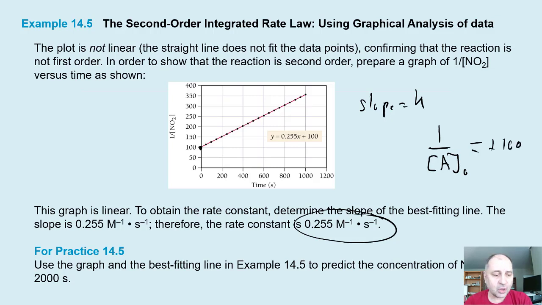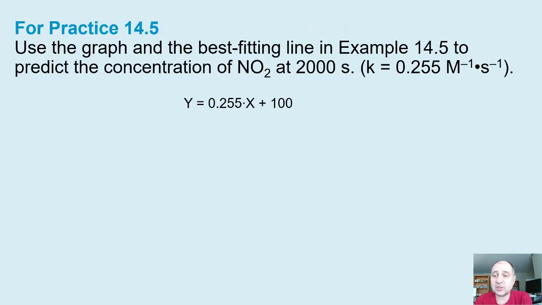So you can determine the concentration after 2,000 seconds by plugging this information into that integrated rate law, right? So we're going to do example 14.5. We're going to determine the concentration of NO2 after 2,000 seconds. If we had the initial concentration, we could just plug it into the integrated rate law, but since that's not provided, we actually have to use this equation and solve for y this way, right?